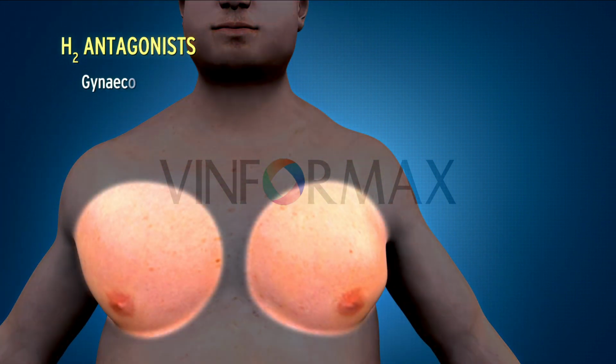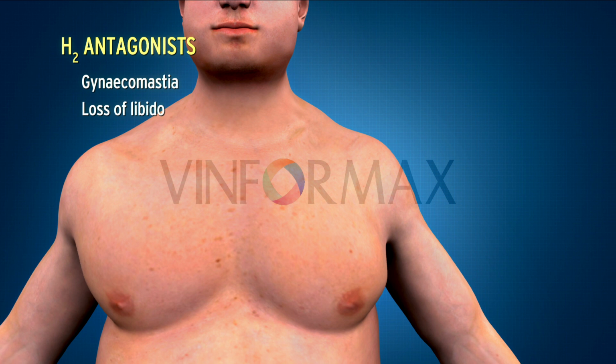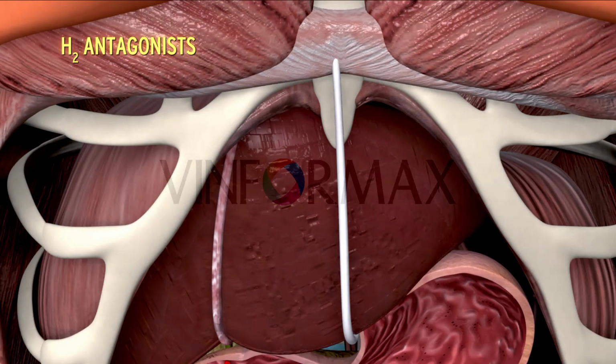Also, gynecomastia, loss of libido, impotence, and temporary decrease in sperm count. It increases plasma prolactin and inhibits degradation of estradiol by liver.